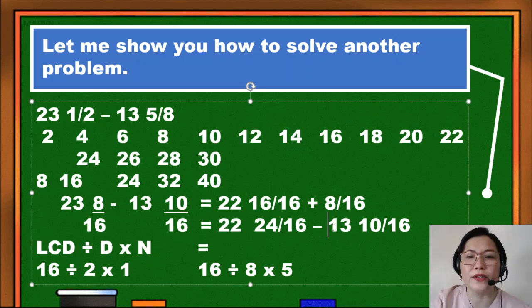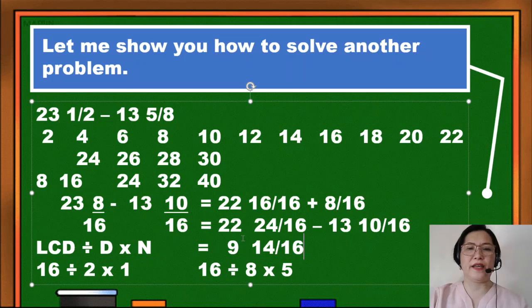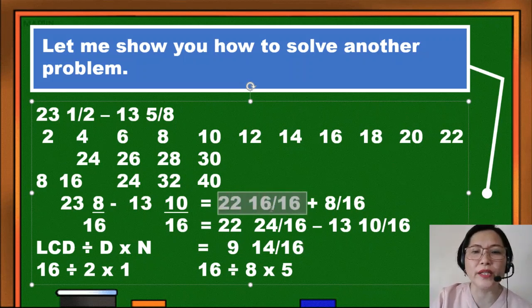22 minus 13 equals 9. And 24 minus 10 equals 14. And the denominator is 16. Again, where did 22 and 16/16 come from?